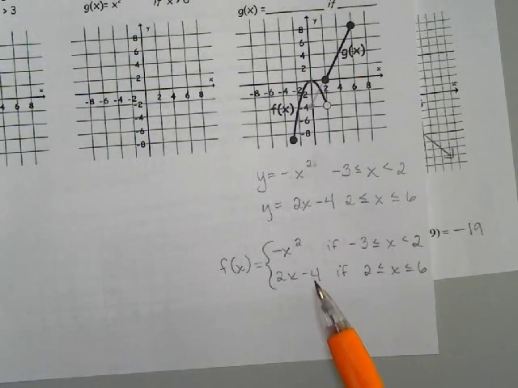So that is writing a piecewise function. Figuring out your equation as if it was normal, and then determining the domain restrictions.